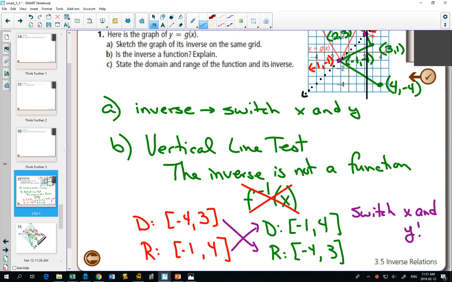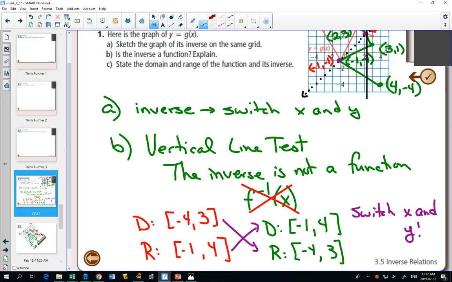So if the domain were all my x values of my red graph, if I switch x and y, all my x values become y values. And so my domain becomes my range. And my range, all my y values get switched to my x values. My range becomes my domain.